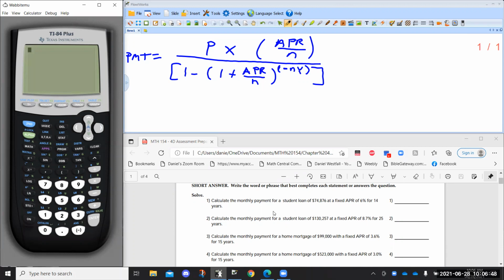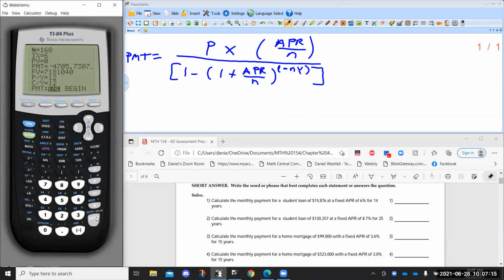So calculate the monthly payment, which is PMT, for a student loan. It's for 14 years, so 14 times 12 for your monthly payments. It's a 6% APR.